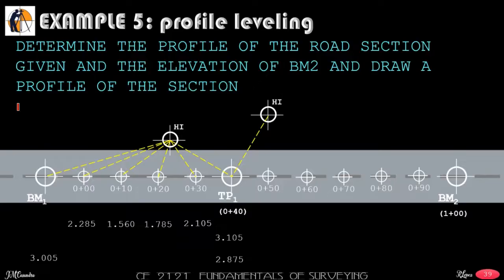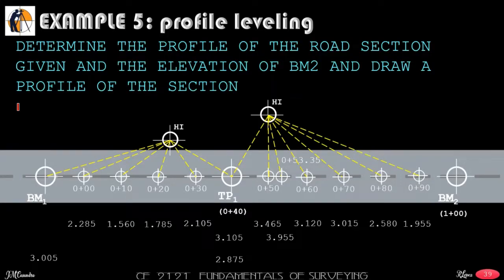And this will be the backside at your turning point. And again, at all other stations will be our foresights until we arrive at your BM2 or your last point.